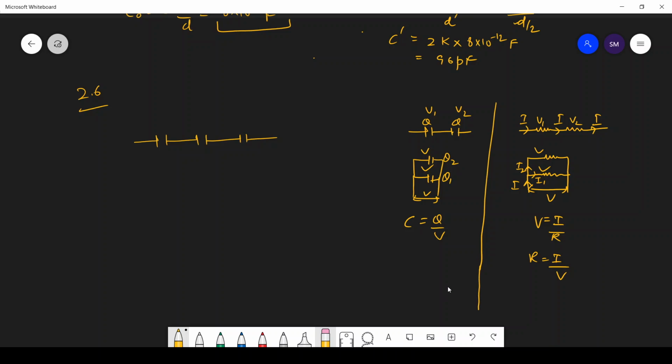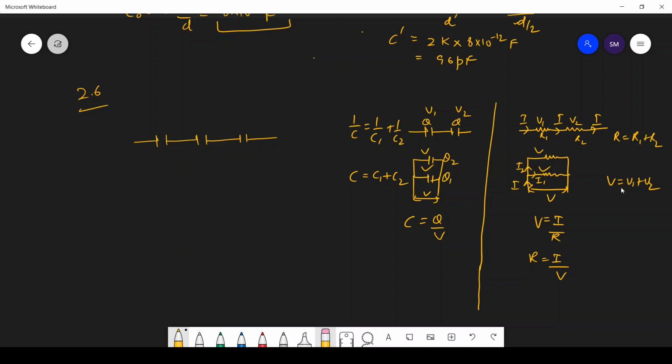But the difference in formula is that for the capacitance, when they are in parallel it's C1 plus C2, when they are in series it's 1 by C1 plus 1 by C2, whereas for resistances R1, R2 in series, the equivalent resistance is R equal to R1 plus R2, and voltage V is equal to V1 plus V2.